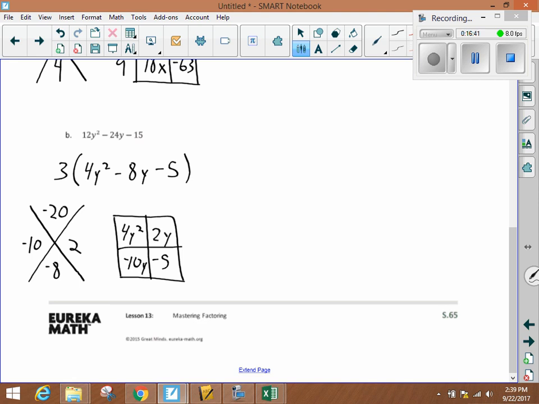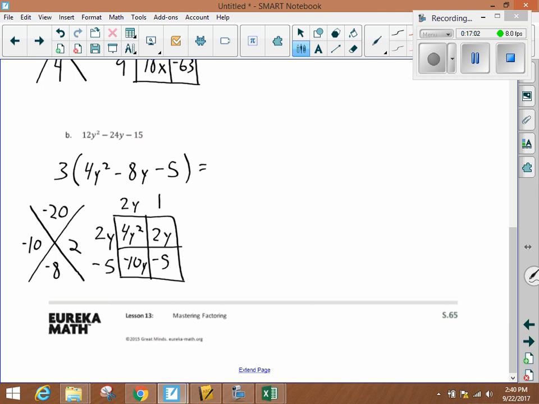The greatest common factor of 4y squared and negative 10y is going to be 2y. The greatest common factor of 2y and negative 5 is 1. The greatest common factor of 4y squared and 2y is going to be 2y. And the greatest common factor of negative 10y and negative 5 is negative 5.